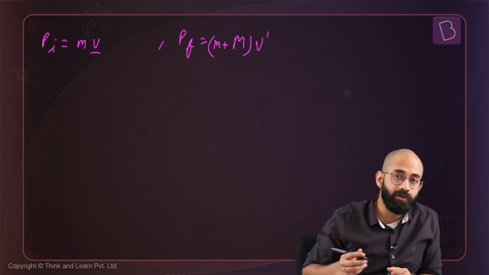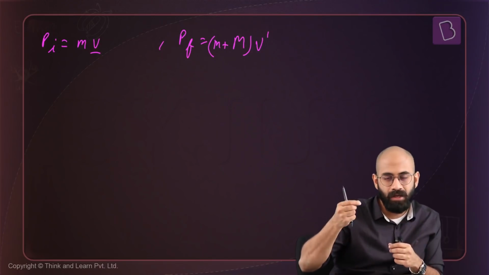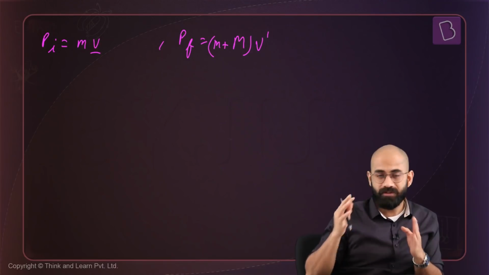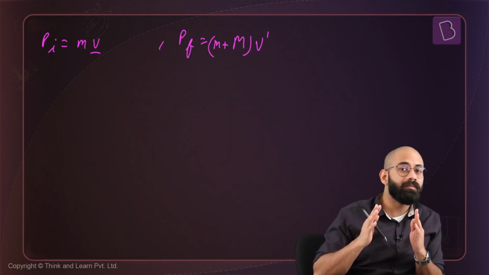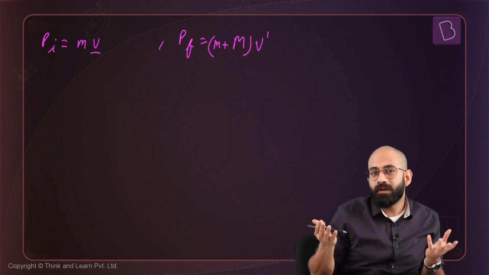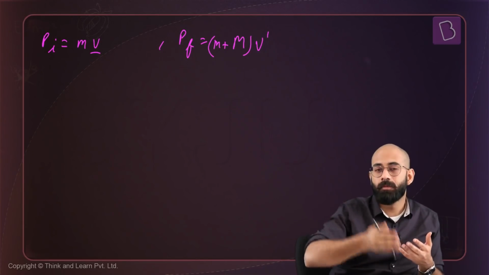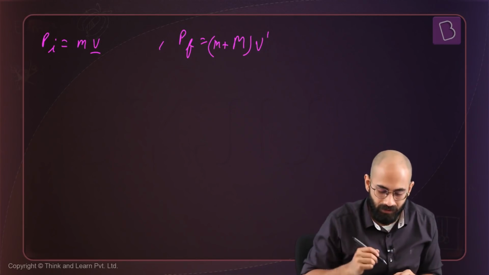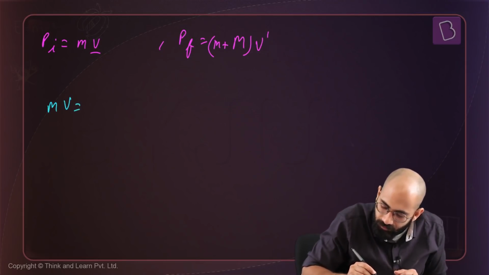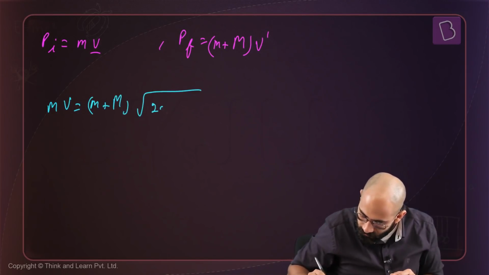We can still conserve momentum, even though you might think there is a net external force from the string. At the point of the collision, the string force, which is the tension, will be impulsive, but it will be completely perpendicular to the line of impact. So it will not affect the momentum in the horizontal direction, and we can still conserve momentum in the horizontal direction. Therefore, we have m V equal to (m plus capital M) V dash, which we just found. This means V should be equal to (m plus M) over m times V dash.